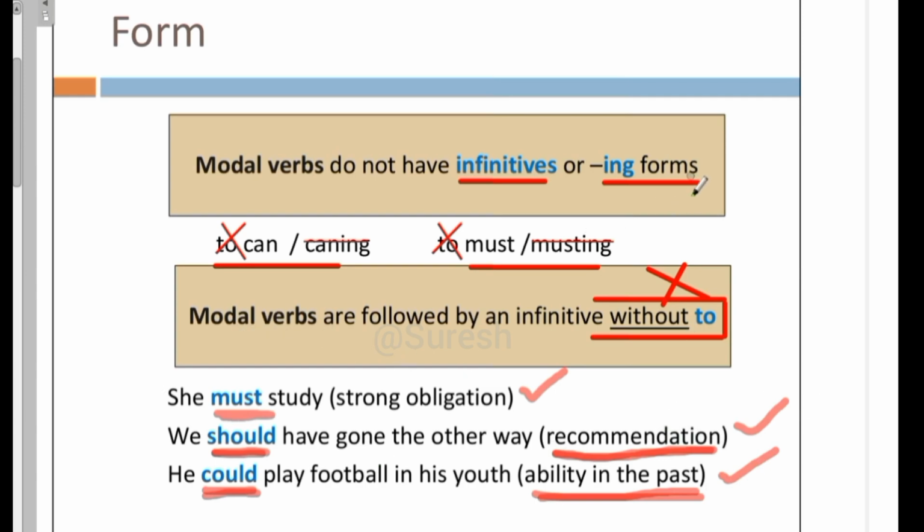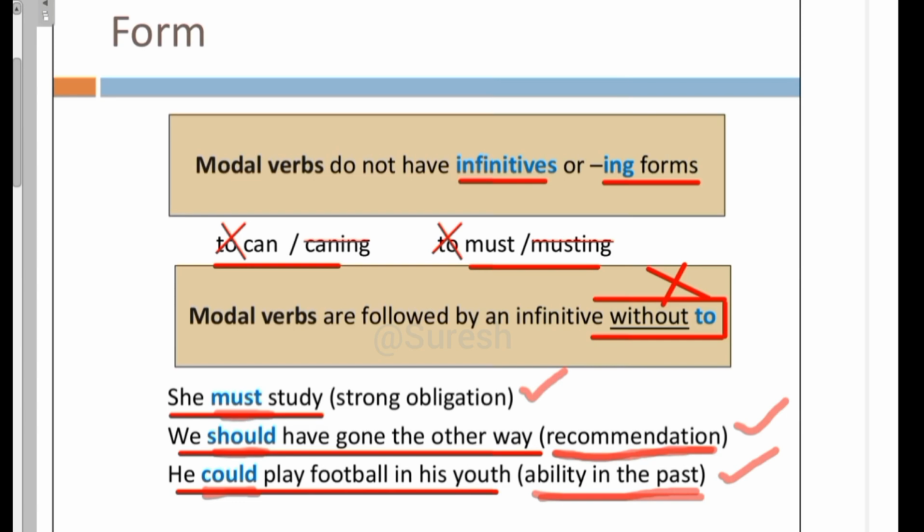And could is also a modal verb, used to tell about the ability in the past. So these are the functions. Particularly they are used to convey these kinds of functions and specific meanings that they give to the main verb. So be clear about that.